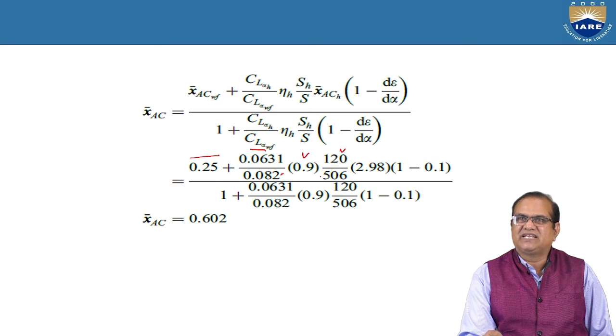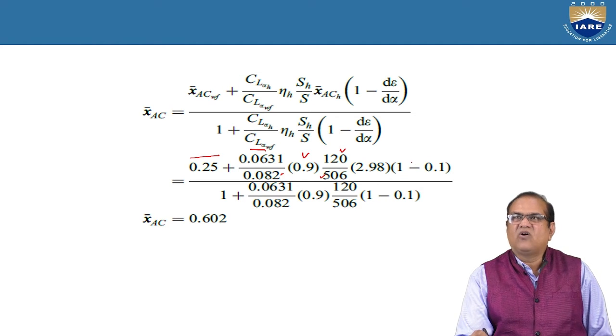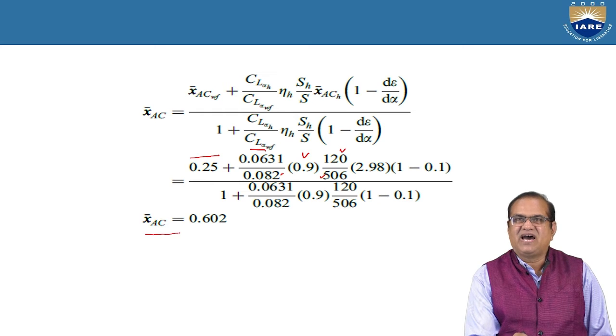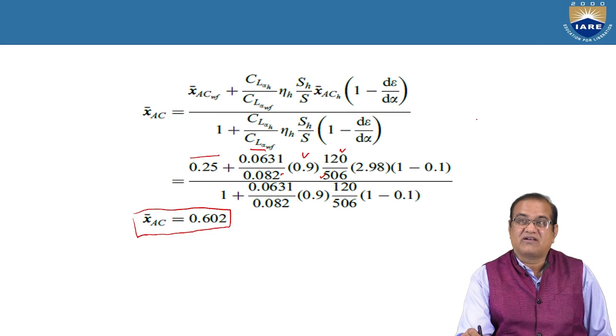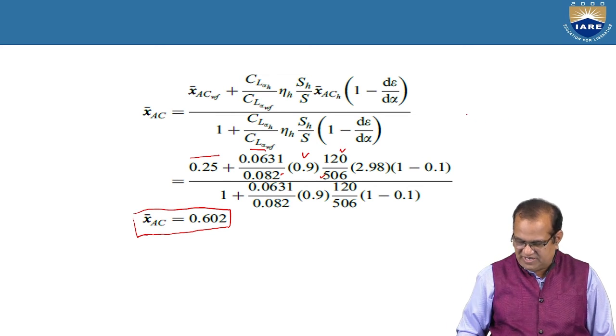SH is 120 and S is 506. Then X ACH is equal to 2.98. 1 minus 0.1, d epsilon by d alpha is also given. So we got that X bar AC, the aerodynamic center location, is 0.602. So 0.602 is the location of the aerodynamic center from the leading edge of the aircraft wing. That is the meaning of this result.